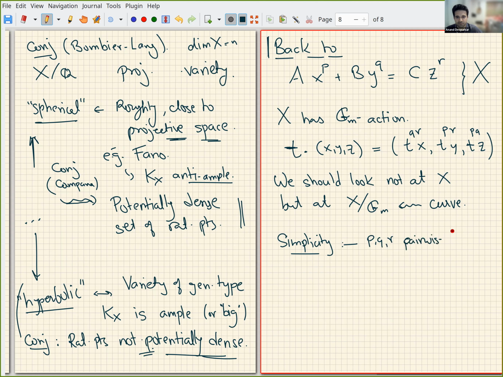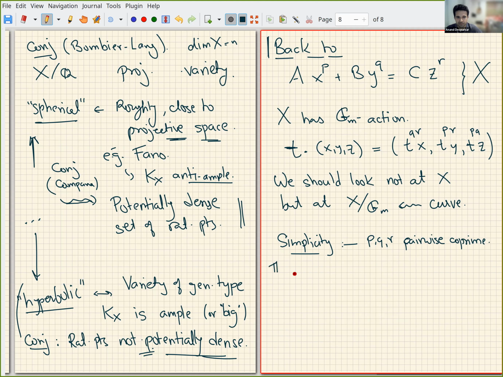This is maximally away from the homogeneous situation. I'll relax this assumption soon, but just to see what this quotient is, let me assume that P, Q, R are pairwise coprime, and then it's easy to see what the quotient is.